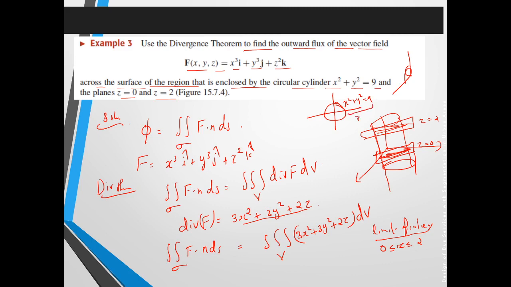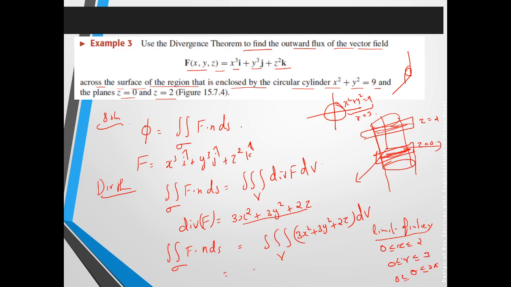Then we can use polar form, which is better. So r goes from 0 to 3, and theta goes from 0 to 2 pi.